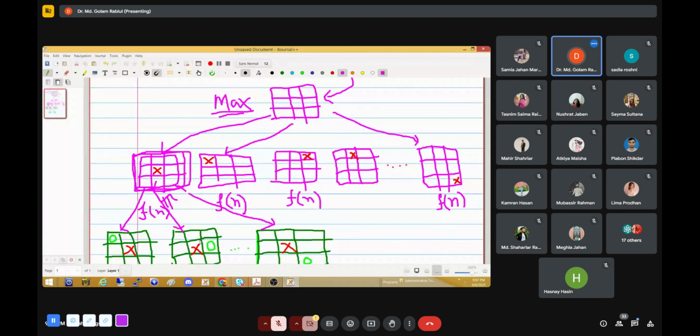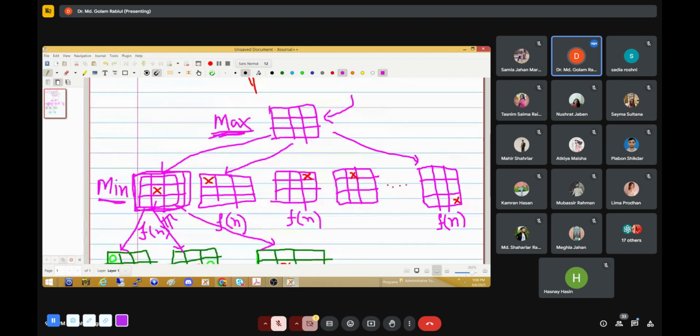And in this game, or we can say gaming design, we have to consider this from my aspect. Okay, so that's why this is called the minimization. That means it will try to minimize my profit or minimize my utility. So I will try to maximize, because at this stage I can move or I can play first.